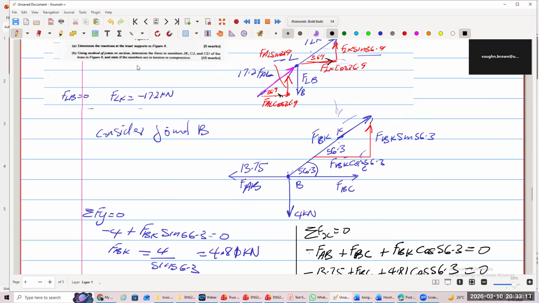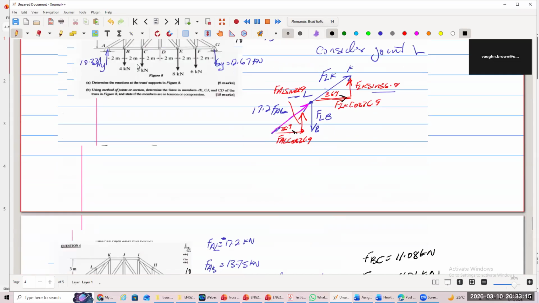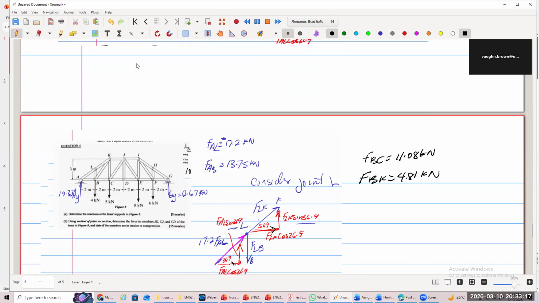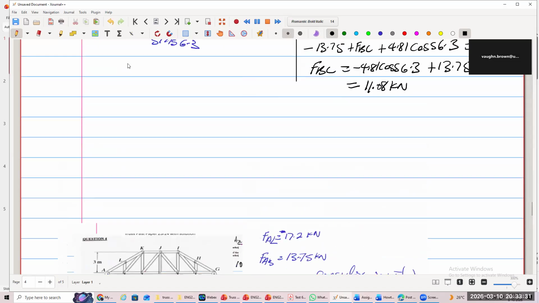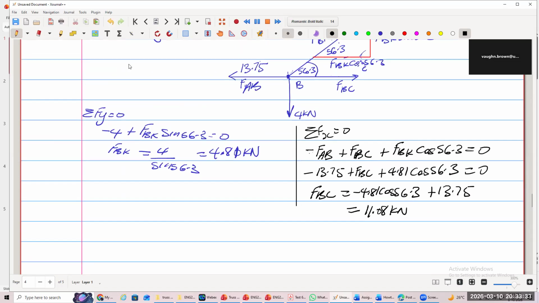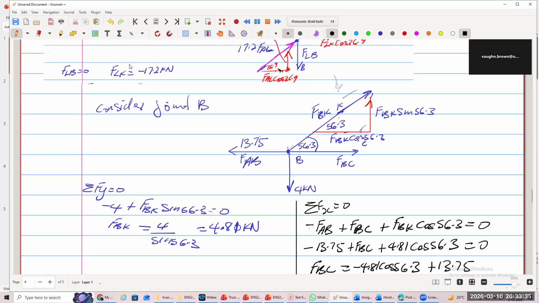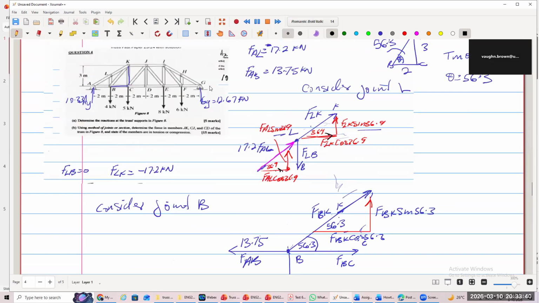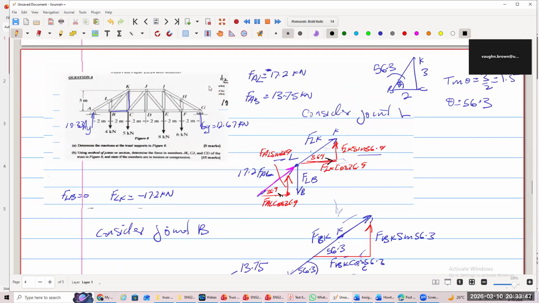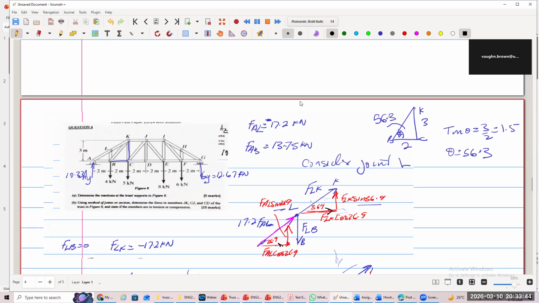What else did we find? We found LK. Did we have the LK value here? F_LK was minus 17.2. Right? Everybody remember that? So we have LK, BK. We know LB as 0 already, but we're not using that one.